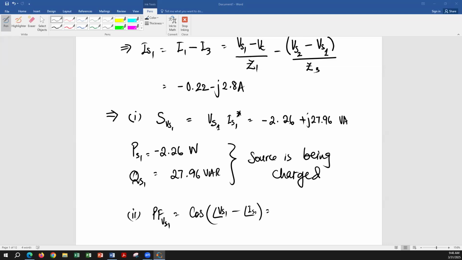So the source angle, of course, is 0, and the current angle is, where is it?